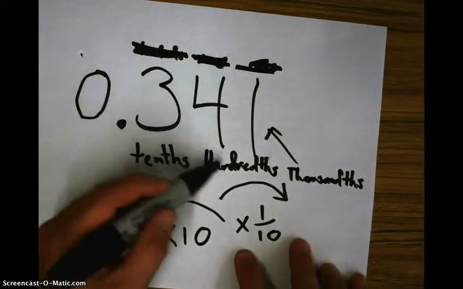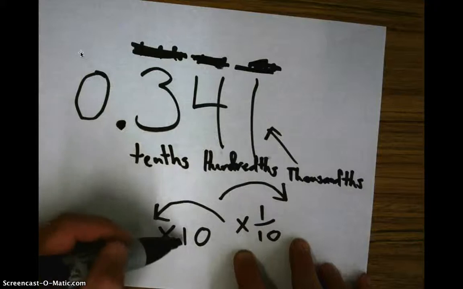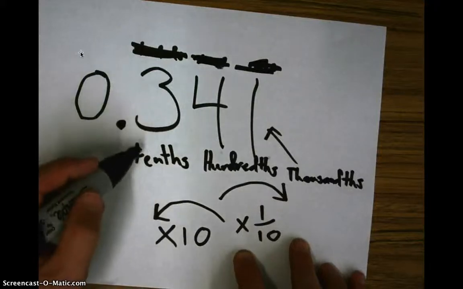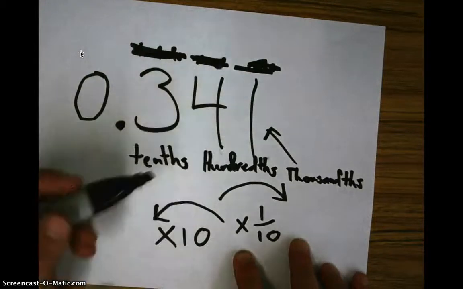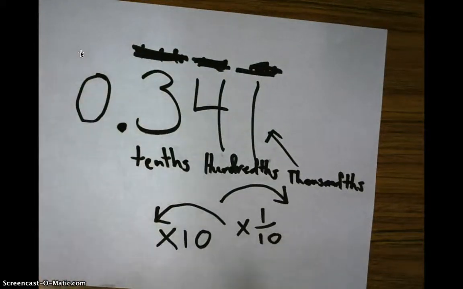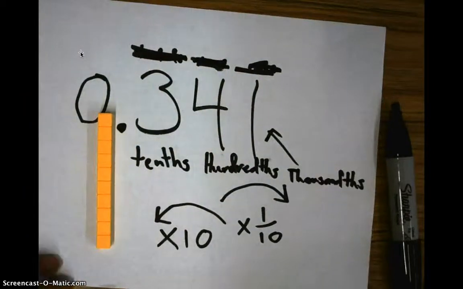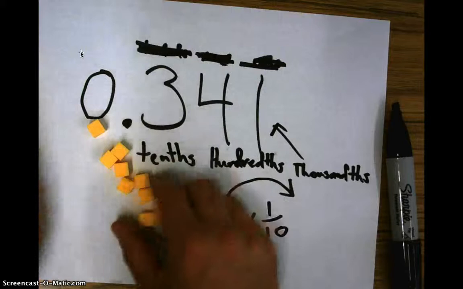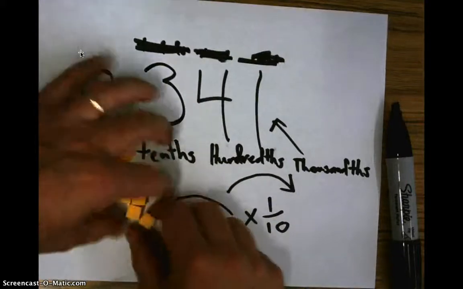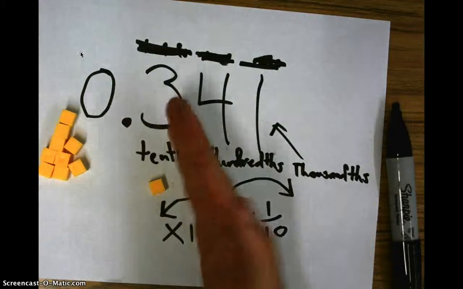If you have 1/100th and you times that by 10, that would be 1/10. And moving from 1/10 down, 1/10 of that would be 1/100th. Basically what you're doing is taking your tenths, breaking it up into 10 even pieces, taking one of those and breaking that into 10 pieces.